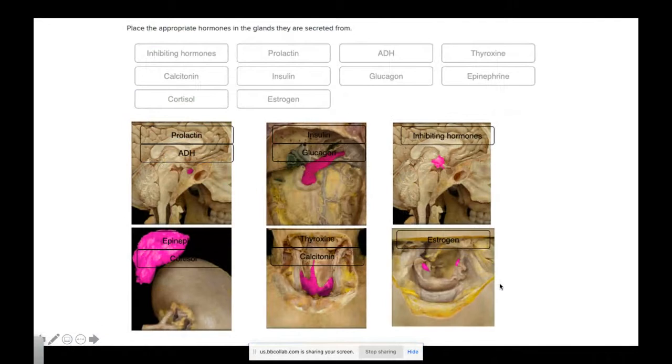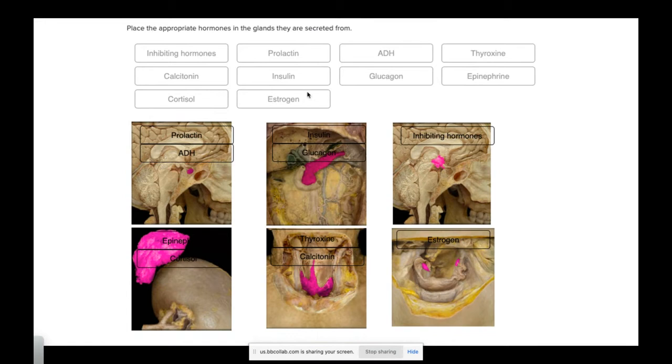Okay, in this video, we are going to be covering endocrinology for the Connect lab review. What you can see here on top is a bunch of choices: inhibiting hormones, prolactin, ADH, thyroxine, epinephrine, glucagon, insulin, calcitonin, cortisol, and estrogen.